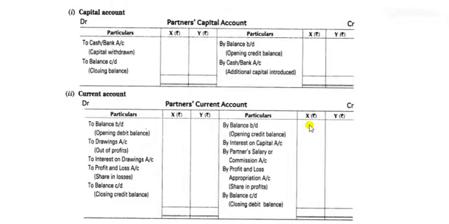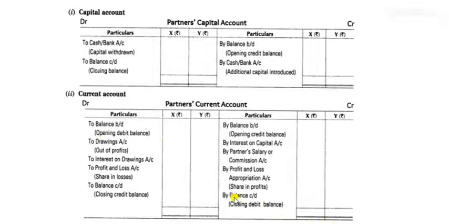So in the starting of the year, what we used to do, we used to write by balance BD and record the amount over here. If suppose there is a debit balance in the partner's current account, we write the same thing over here, to balance BD, and write the amount over here. Why? Because partner's current account is in debit balance.